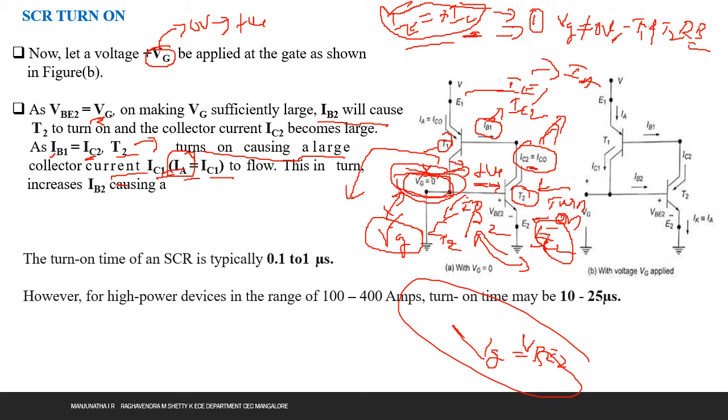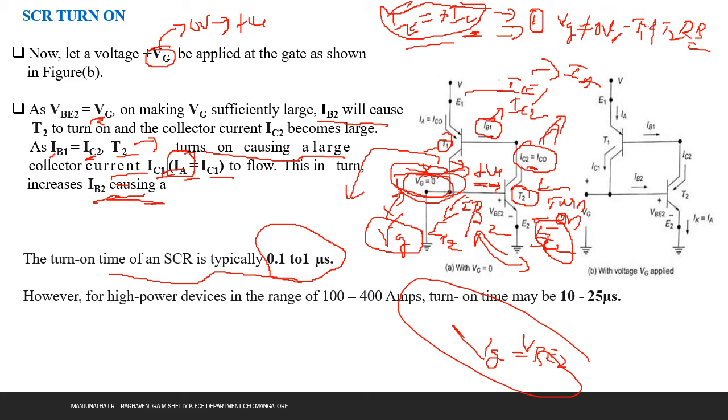So indirectly we can say that IE1 is more to flow. This in turn increases IB2. Again, when IC1 increases, IB2 also increases. The turn on time of an SCR is typically 0.1 to 1 microsecond.